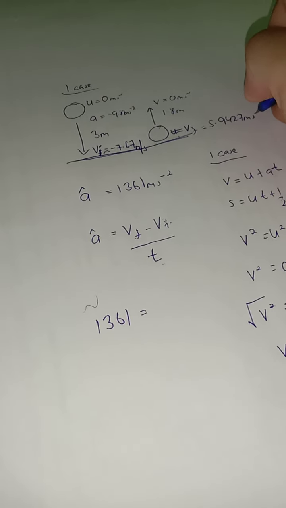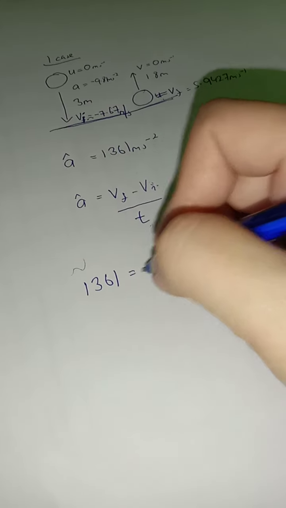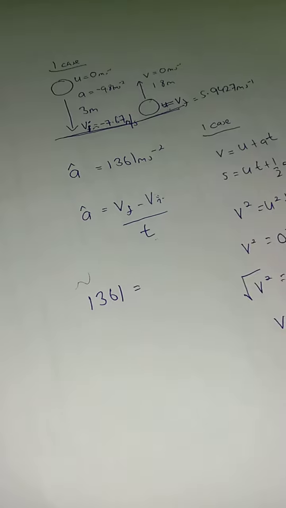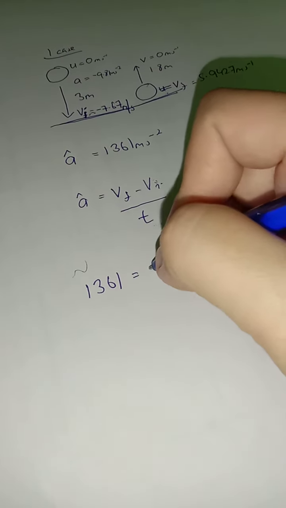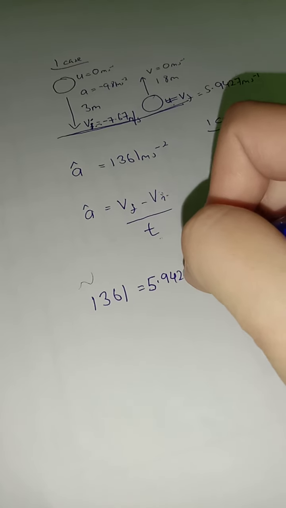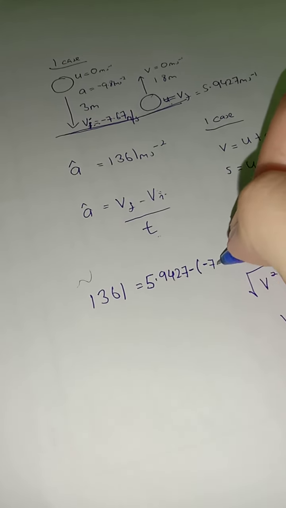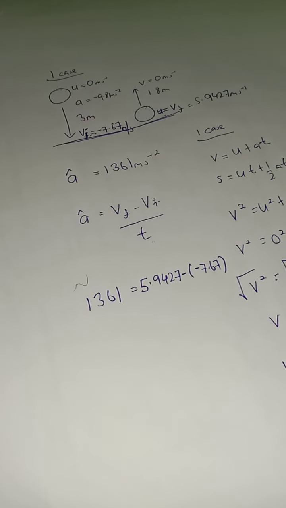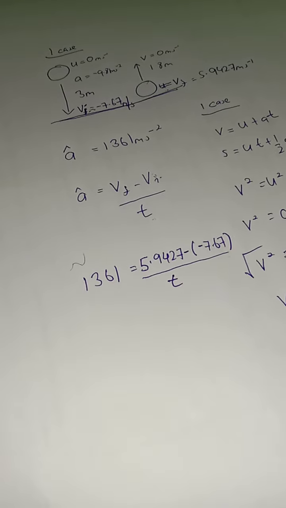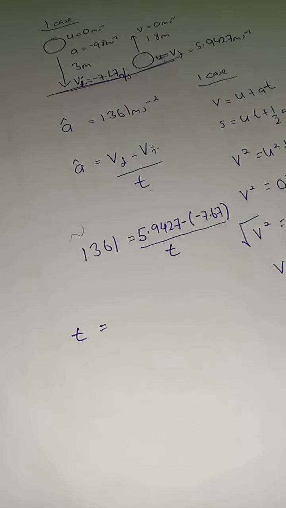So I substitute all the information inside here: 1361 is equal to 5.9427 minus negative 7.67, divided by time.